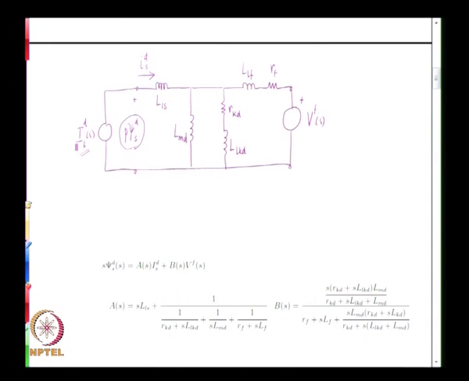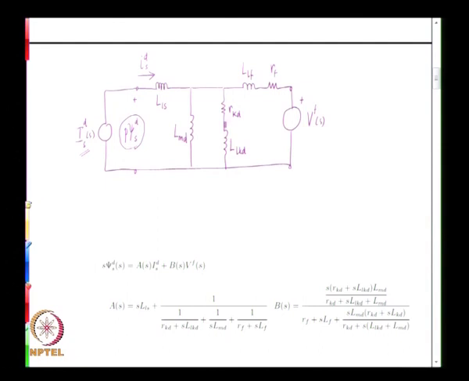Then we need to find out the contribution to this voltage from the other source. So deactivate this source, deactivating this meaning this flow of current goes to 0, that means this is an open circuit, only this is there, and therefore the voltage across this is the same as the voltage across these 2 branches, because this is an open circuit, and that is then given by this voltage multiplied by this impedance divided by the sum of these 2 impedances.